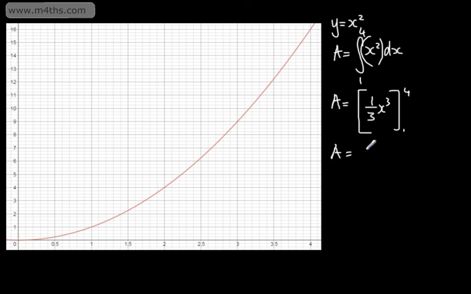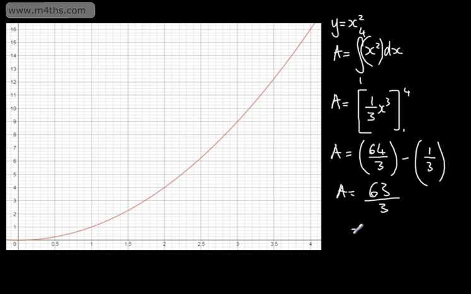Substituting in, 4 to the power of 3 is 64, so that's 64 over 3, and we subtract from that 1 over 3 when we put in 1. So the exact area using the definite integral is 63 over 3, which is equal to 21 units.